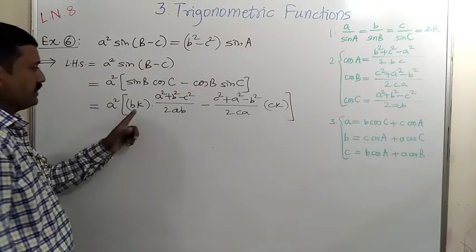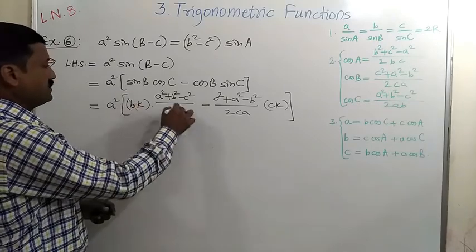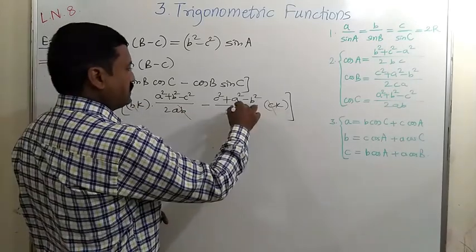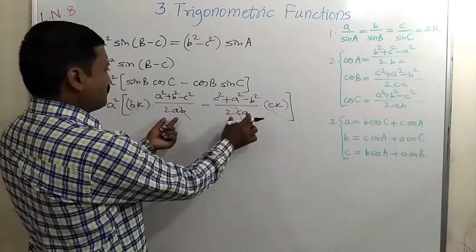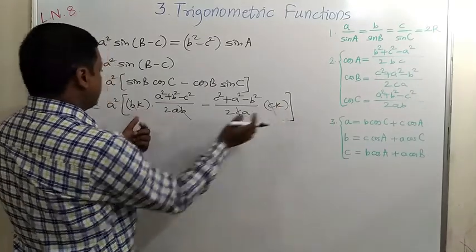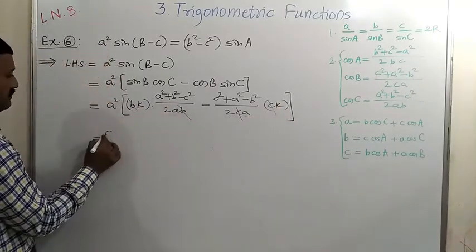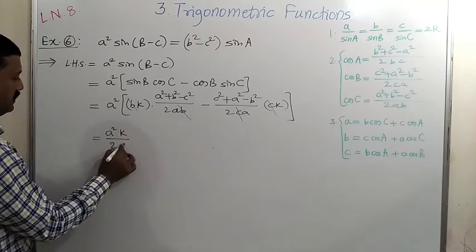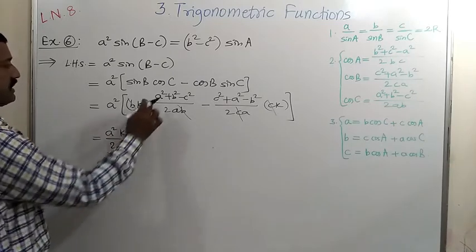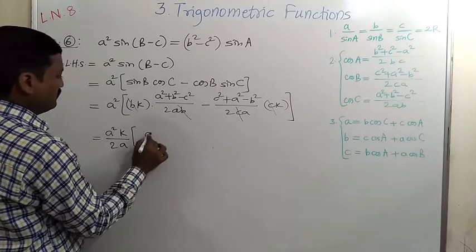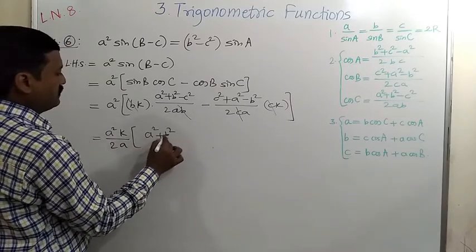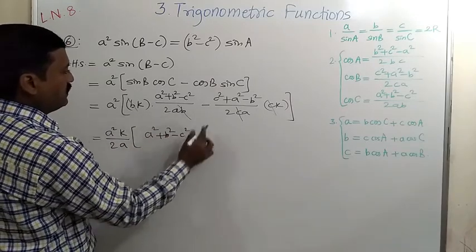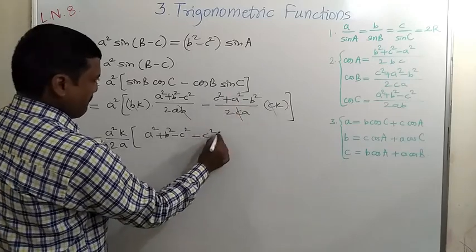Is it okay? Here once again B gets cancelled, C gets cancelled, denominator becomes twice A, at the numerator K is common, take all outside, we get A square into K upon denominator twice A. In bracket, what remains here? A square plus B square minus C square. Apply negative sign on each.